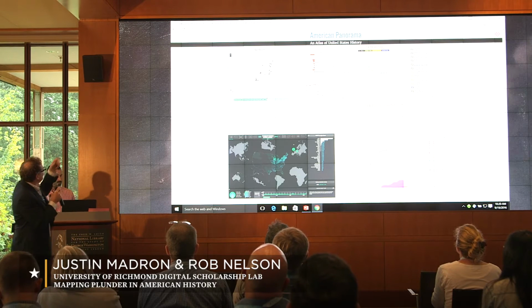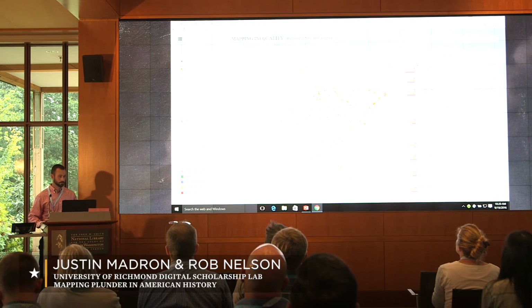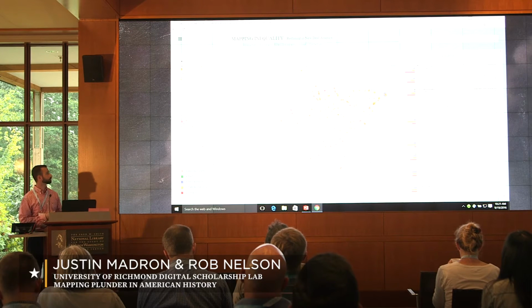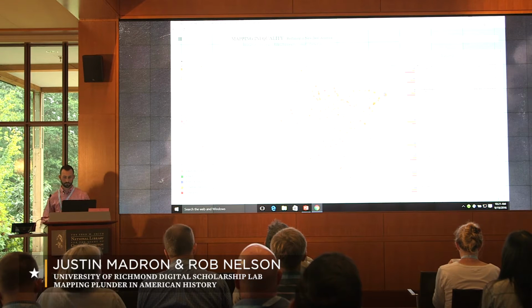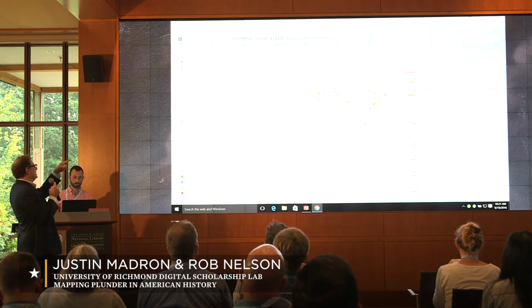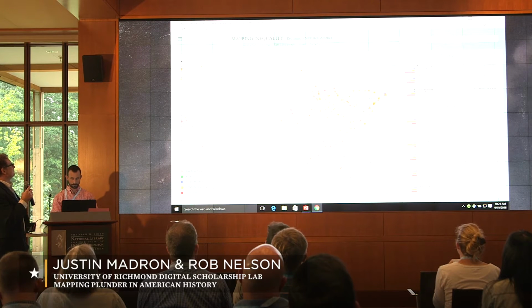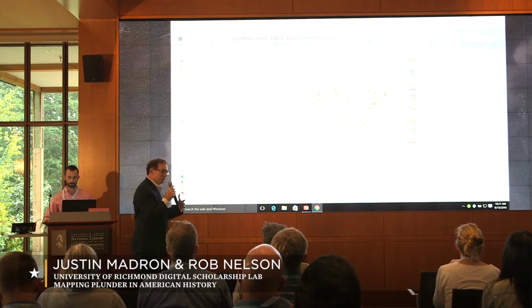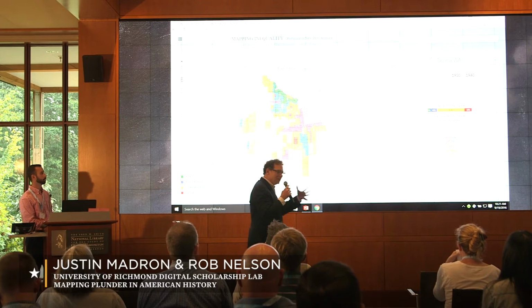So what we want to start with is a bunch of maps that we've been working on on the topic of redlining in the 1930s and throughout the 20th century, really. If you're unfamiliar with redlining, let's start with Tacoma. It's the practice of denying mortgages and other financial instruments to particular locations.